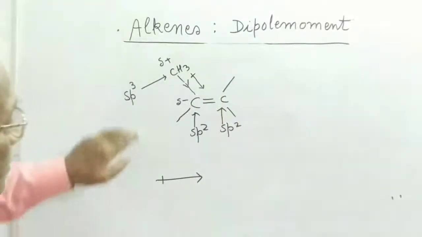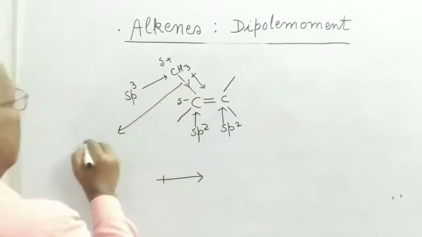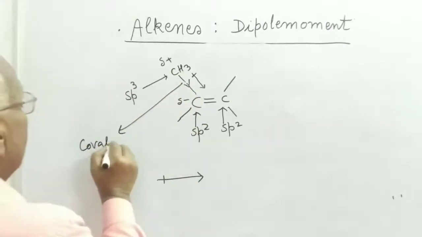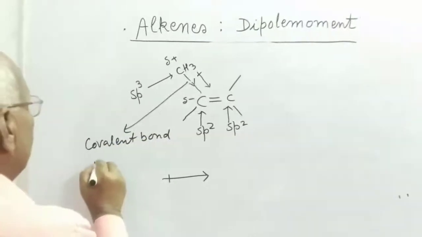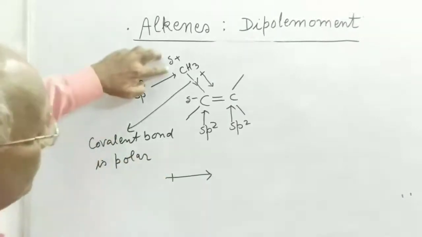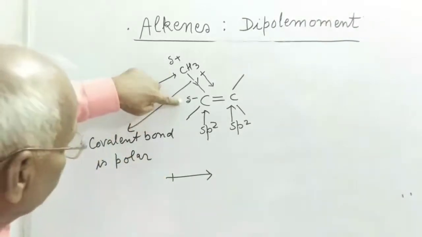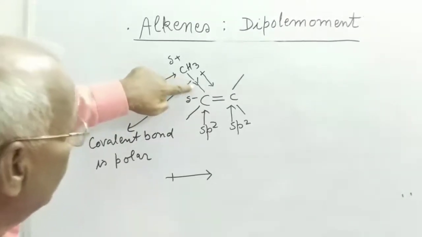So this covalent bond is polar. This is the positive pole and this is the negative pole. So you can say that this covalent bond bears a dipole.